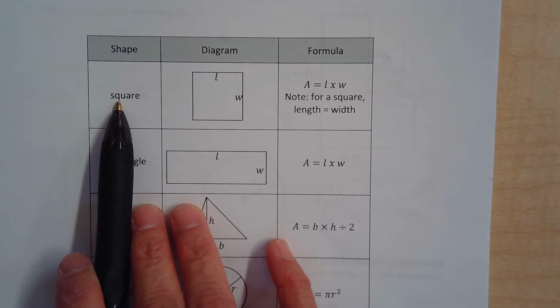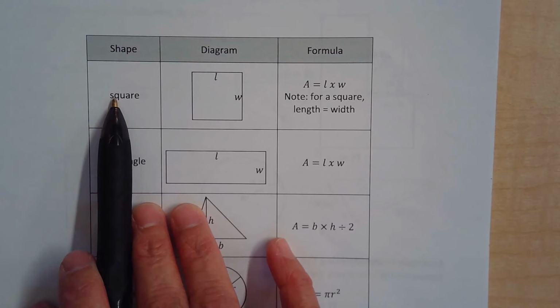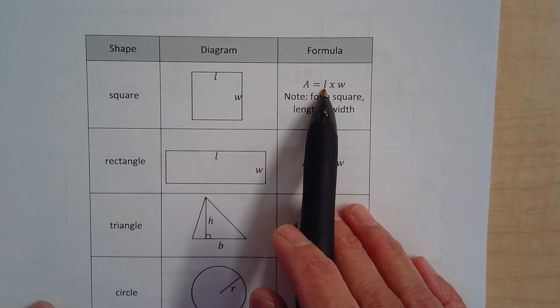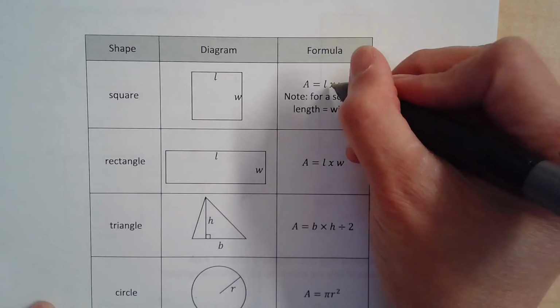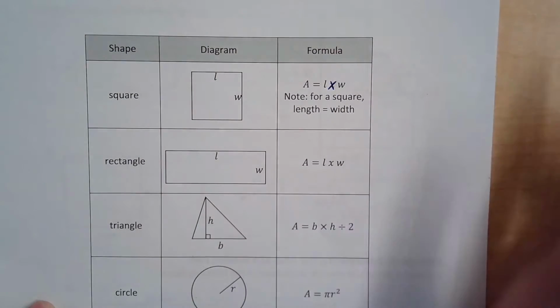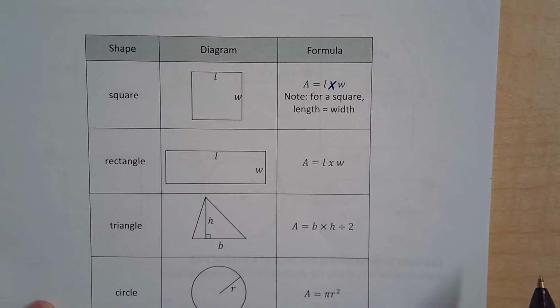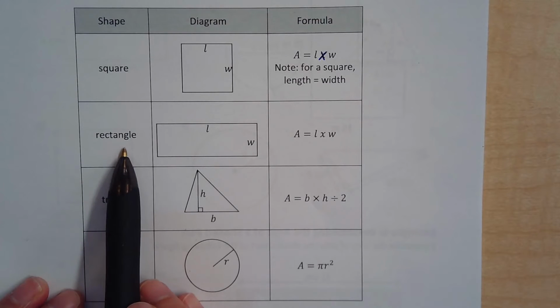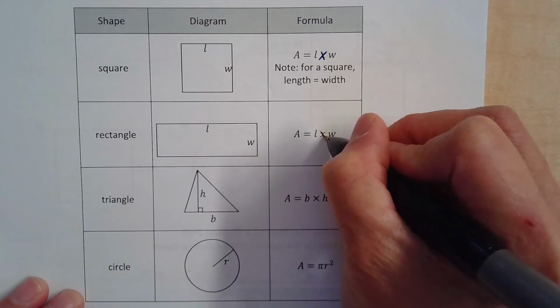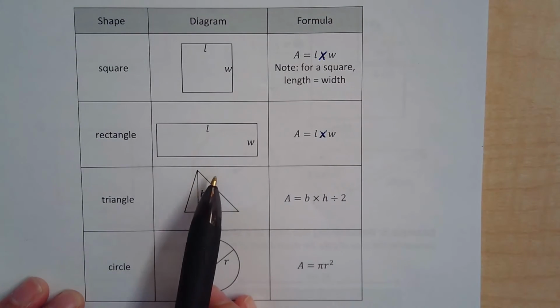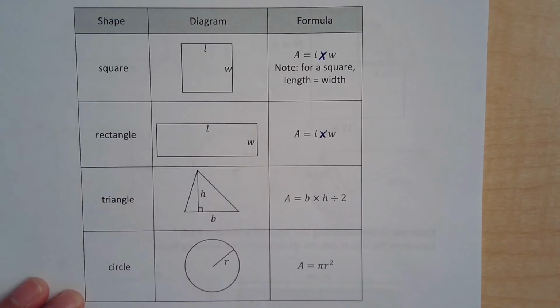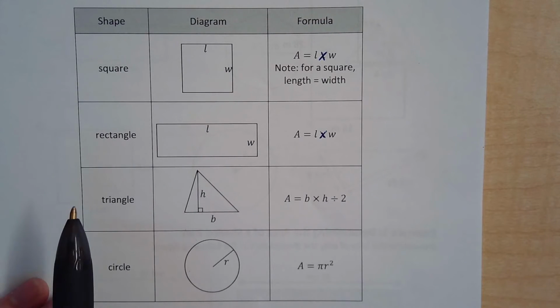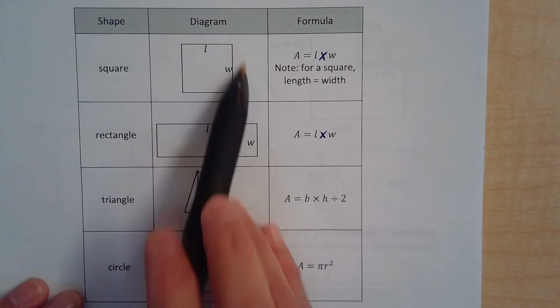if we're talking about the area of a square, the area is length times width. And then if we're talking about a rectangle, it's also length times width. What's the difference between these two? They're both length times width. One's a square, one's a rectangle. And this is length and this is width.